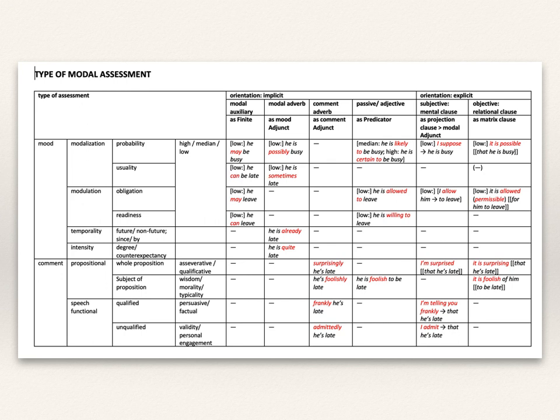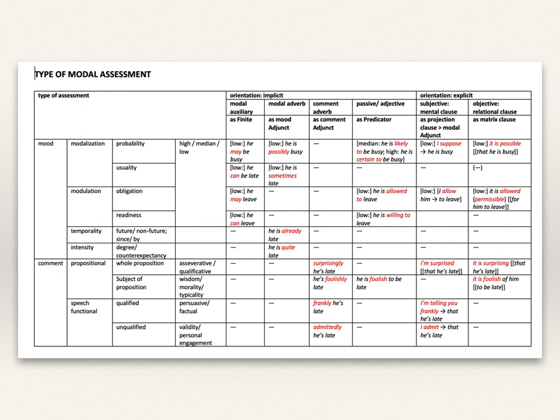And then forms of assessment that structurally fall outside the mood plus residue structure, different forms of comments on the exchange of goods and services and information. And these are realized as command adjuncts. Command adjuncts, as we've already seen, lie outside the mood plus residue structure.